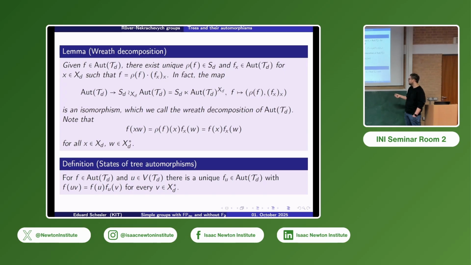Whenever we see a word of the form uv, so u is fixed and v is variable, then the first part is completely determined by f, and this is not a property, this is always the case, and the second part is then given by f_u(v). This is a simple consequence of the fact that f preserves the tree structure. Okay, these are the states. We call it the state of f at u.